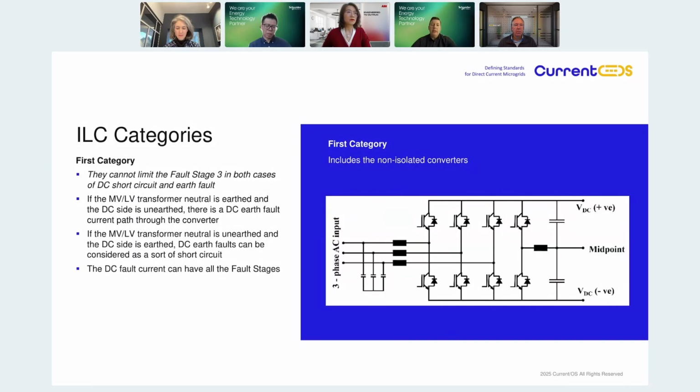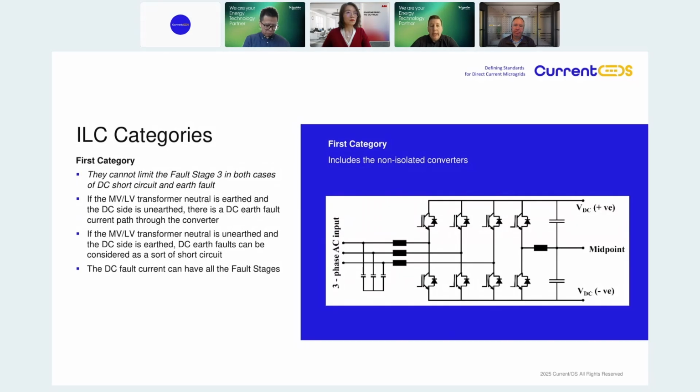So in the first category of converter, we have the non-isolated ILC, as you can see here in the picture. The first category of converters are not able to limit the contribution coming from the grid.